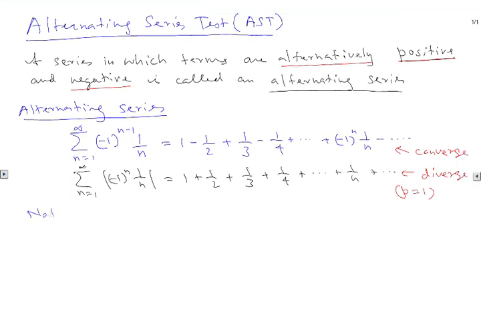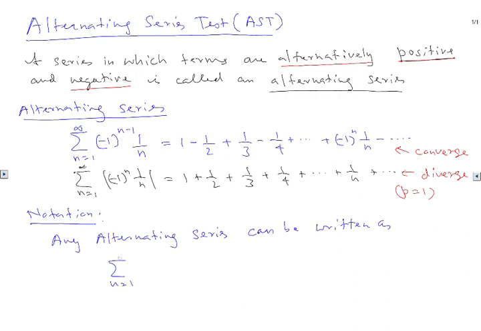Any alternating series can be written as the sum from n equals 1 to infinity of a sign term, which can be negative 1 to the n minus 1, n plus 1, or something else, times b_n. We call b_n the positive part.